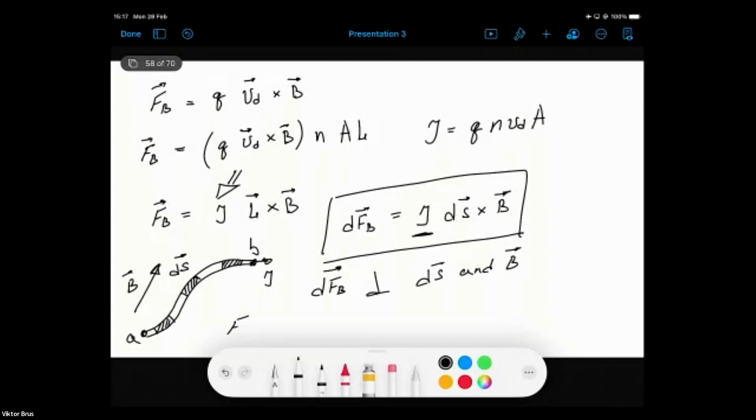So the total magnetic force exerted on the conductor between points A and B is given as I, which we can take out of the integral since it's a constant, integral from point A to point B, ds vector cross product B vector.